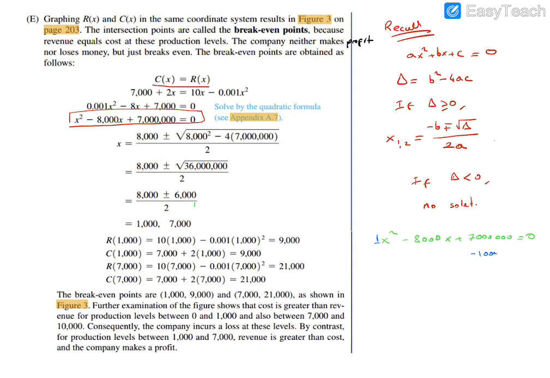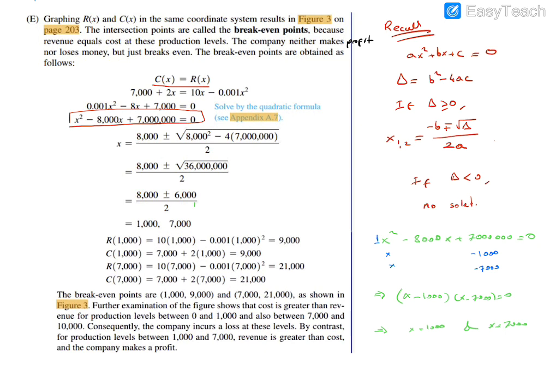Minus 1000 and minus 7000. The product of these two values is 7 million, and the summation is minus 8000. So we can say x minus 1000 times x minus 7000 equals 0. So x equals 1000 and x equals 7000 are our solutions. But in general, you can use the discriminant formula.